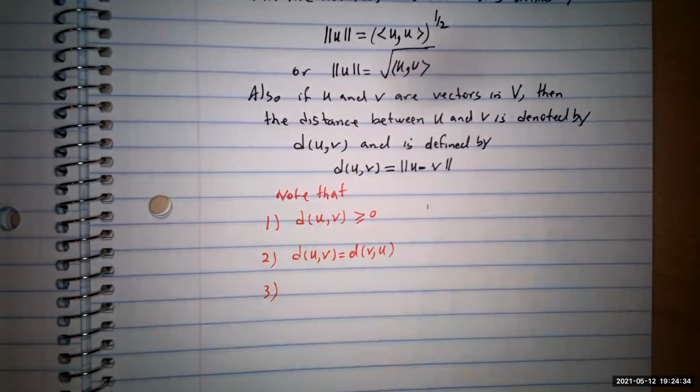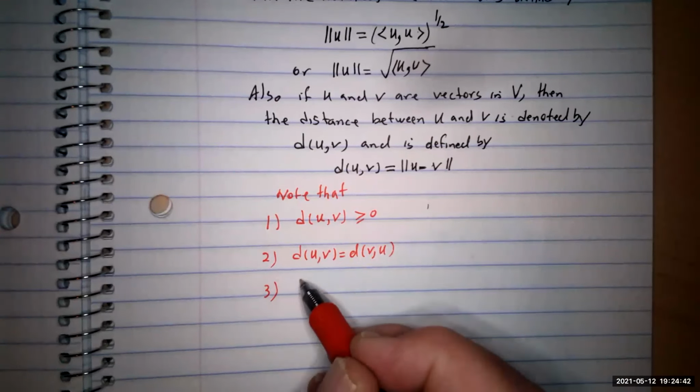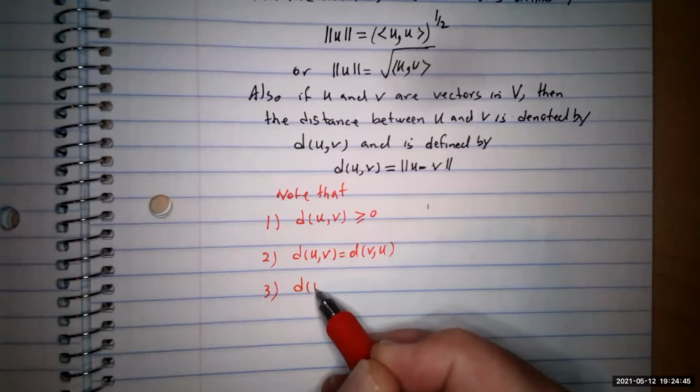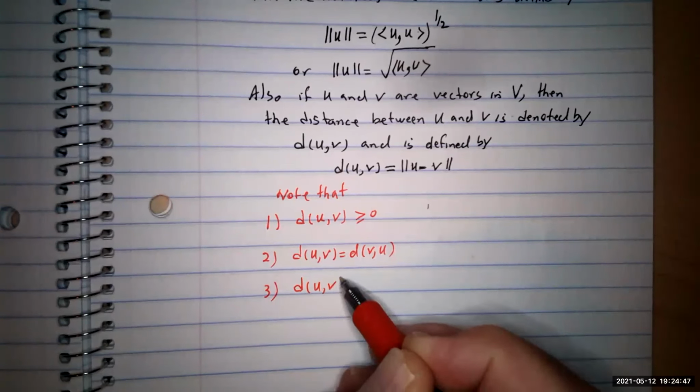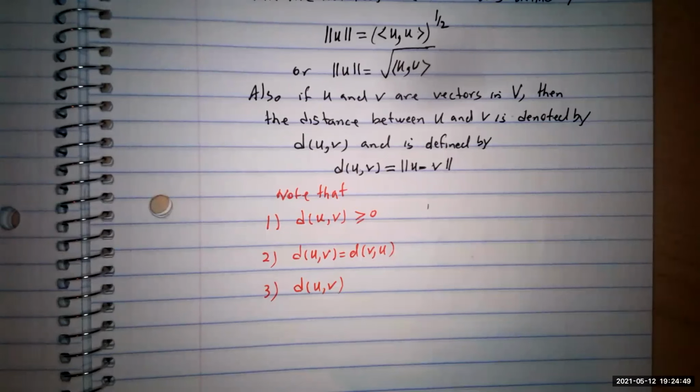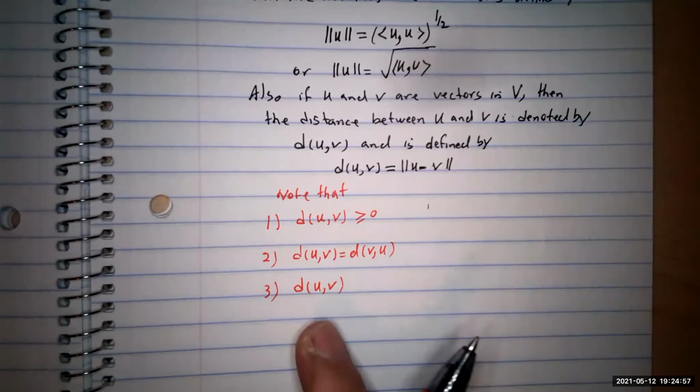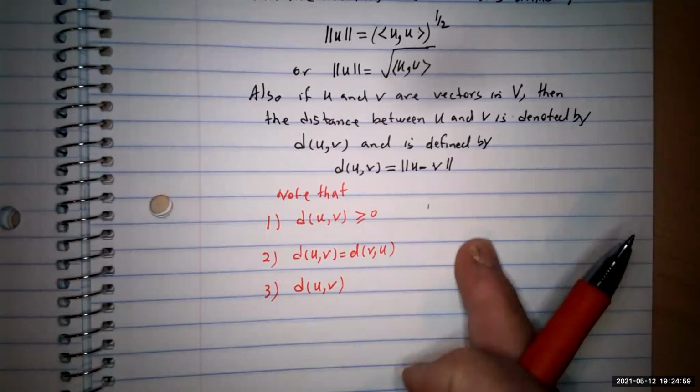The other one, which can be proved later, is that if you want to go from here to San Diego, and you go somewhere else first, then go to San Diego, you are not going to have the shortest distance. The shortest distance is to keep going on the straight line.